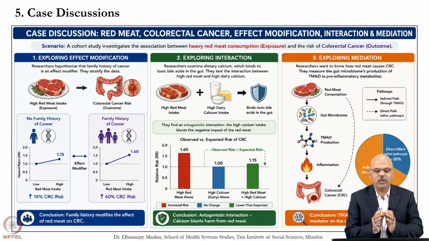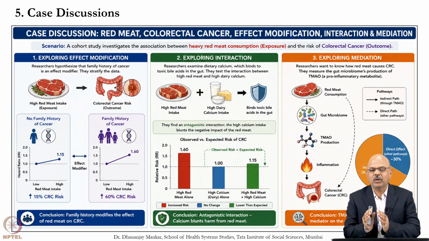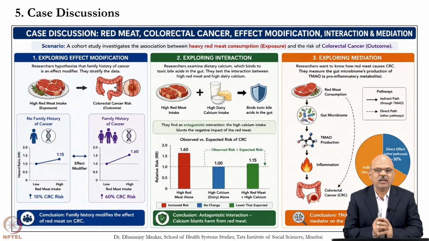So this is a statement which has variables. One is the exposure variable, heavy red meat consumption, and the outcome variable is colorectal cancer. Mediation is the BMI or inflammatory risk or lower or higher activity.